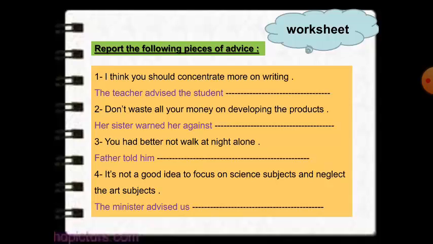Her sister warned her against. Number 3, you had better not walk at night alone. Father told him. Number 4, it's not a good idea to focus on science subjects and neglect the art subjects. The minister advised us.